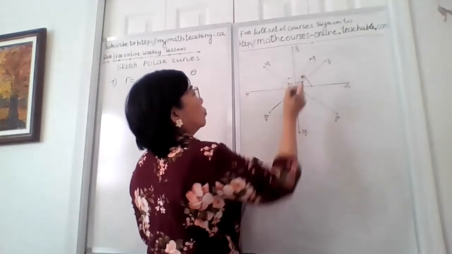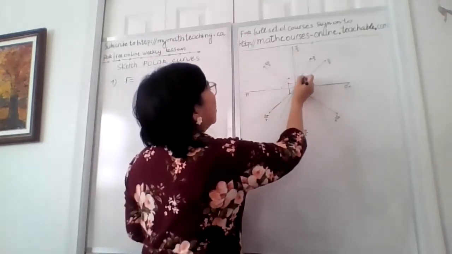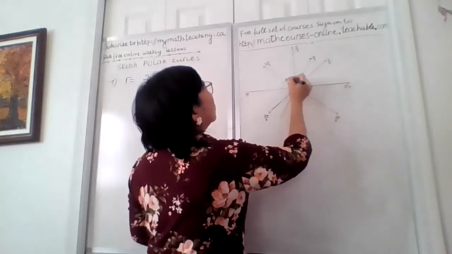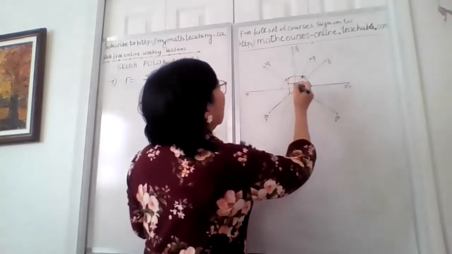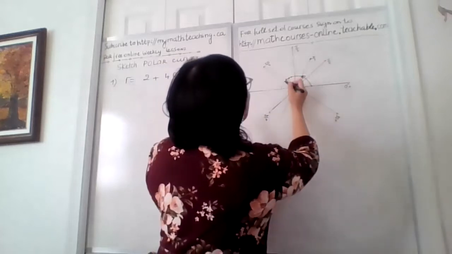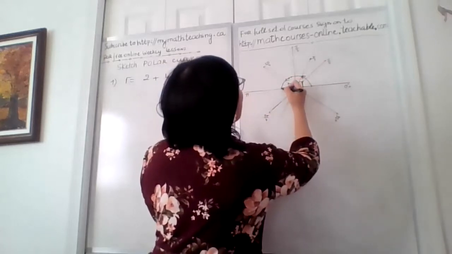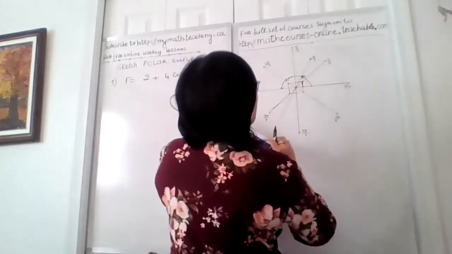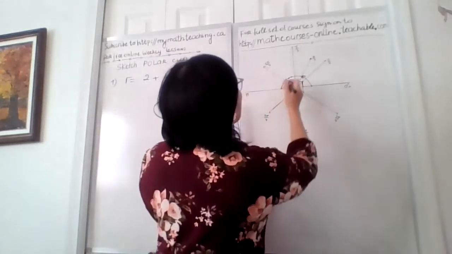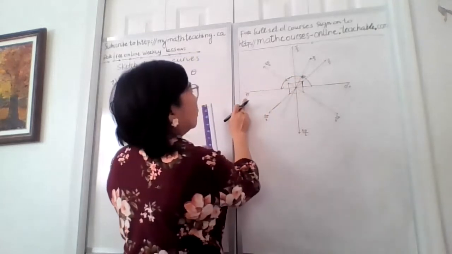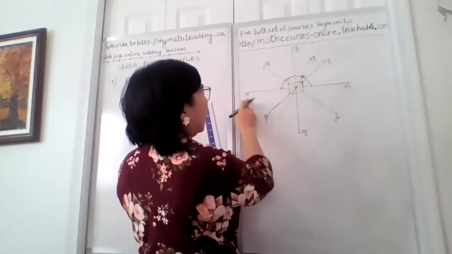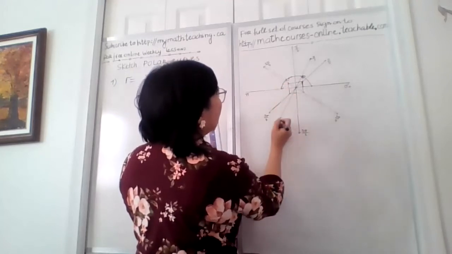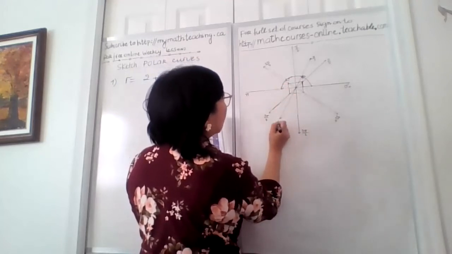You see the pi over 3 angle. So on the way to here is the angle of 2 pi over 3. And this one here is 3 pi over 3. So 3 pi over 3 is pi, right? It means another pi over 3 will be 4 pi over 3.